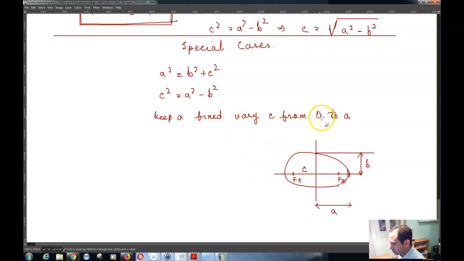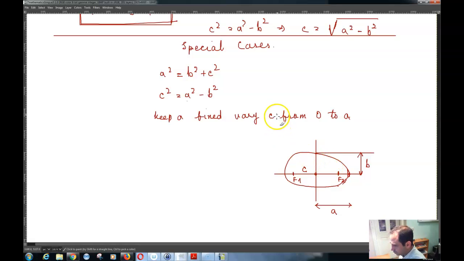Now you want to keep your a fixed, but vary c from 0 to a, meaning that your c goes from this distance, for example, let's suppose that this is c, and this is the center, the more that you get this closer to the center.